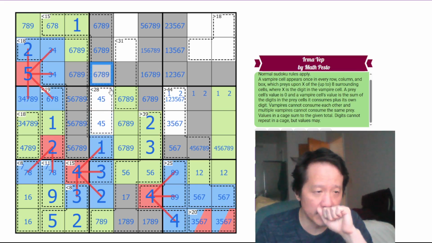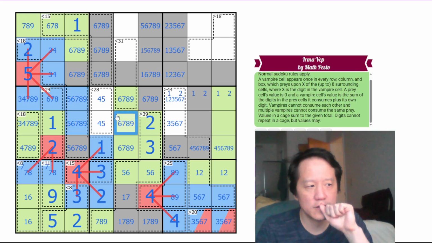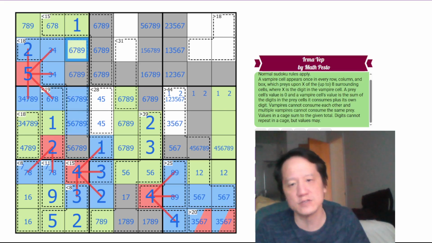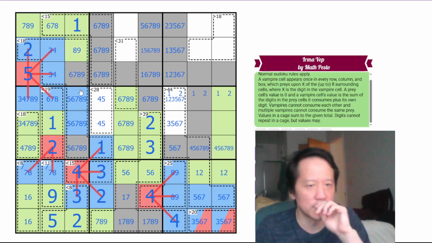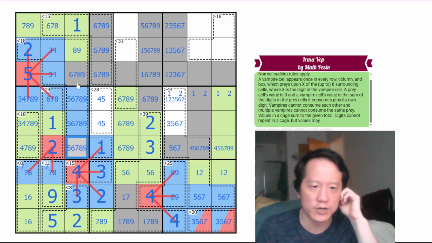So it cannot vampire this one. So these two have to be prey, right? And it has to be 5, 6, 7 that is prey. So this could be 5, 6, 7, or this is 5, 6, 7. So this is not 6 or 7. One of these two is the prey, and the other one is the 8 or 9. That's fine.